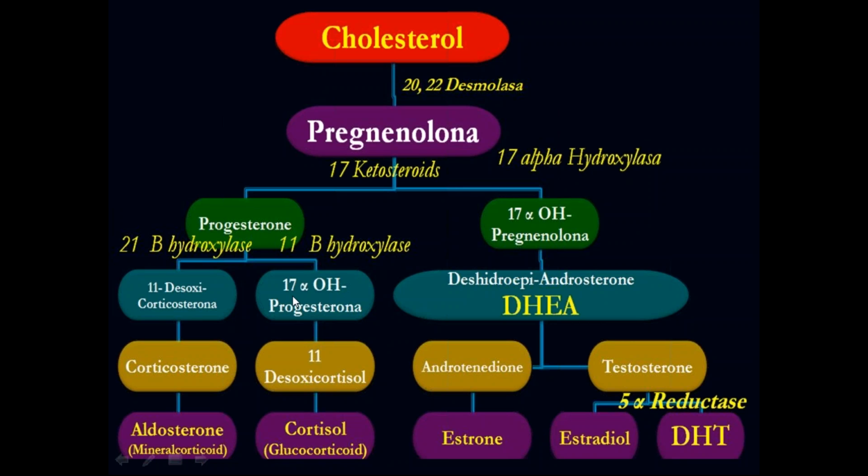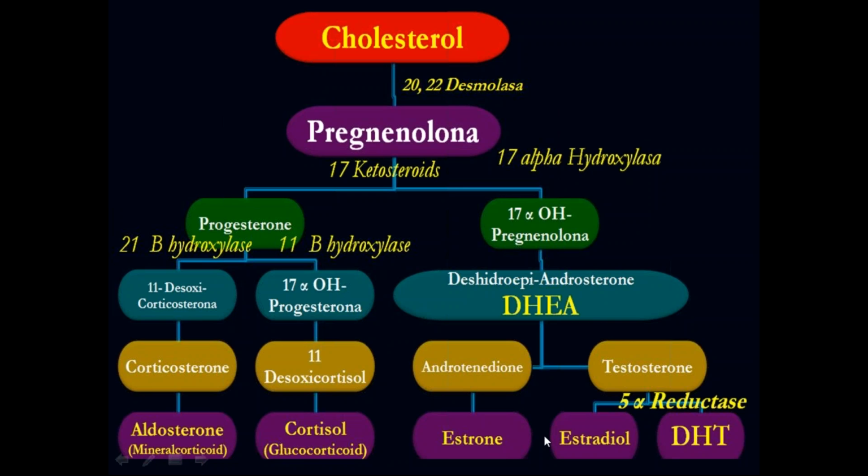We are not going to talk about the adrenal gland, but in the testicle, only this second half, what I'm marking here with my arrow, is going to happen. In the adrenal gland, all of these are produced, but in the testicle, only this portion happens.